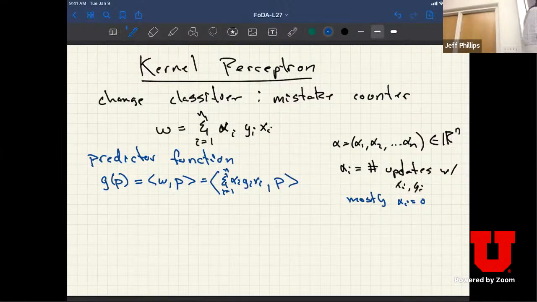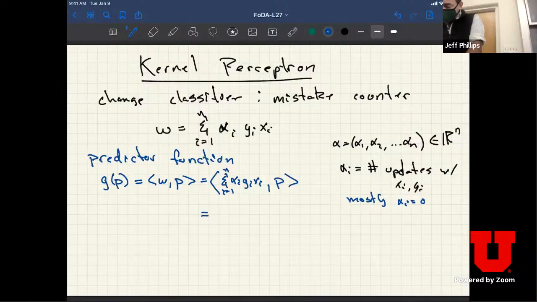All I've done is I've taken this redefinition of w as a mistake counter and put it inside this inner product. And with inner products, I have this nice property. This is still the Euclidean dot product here. So I can factor out a bunch of these terms.